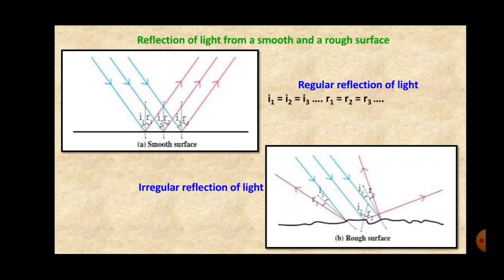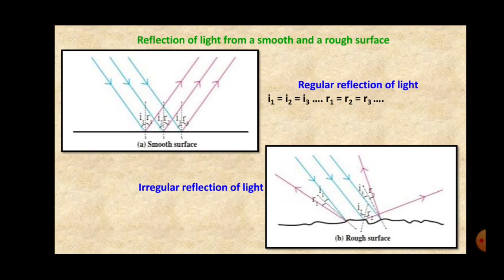So if the angles of incidence for the incident rays are I1, I2, I3, then their angles of reflection will be R1, R2 and R3. And I1 is equal to I2 is equal to I3, and R1 equal to R2 equal to R3. So such type of reflection of light on a smooth surface is called regular reflection of light.